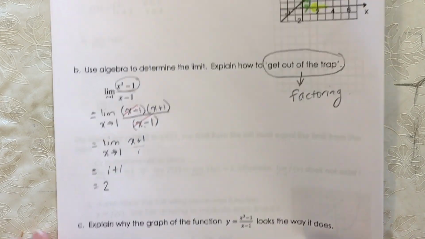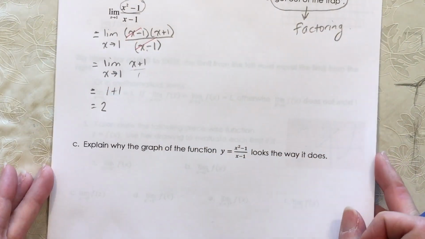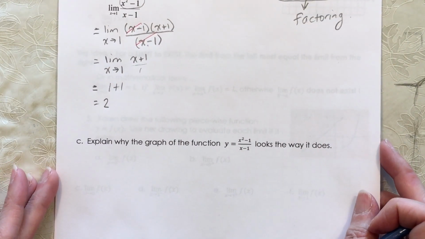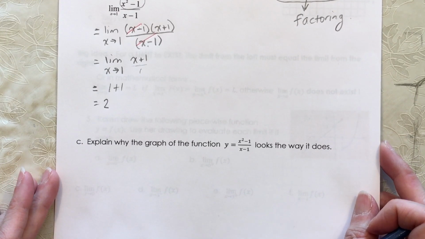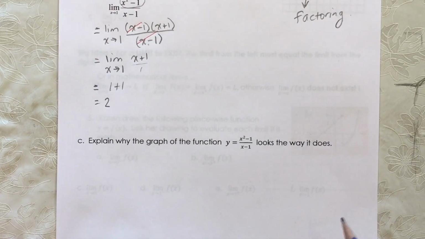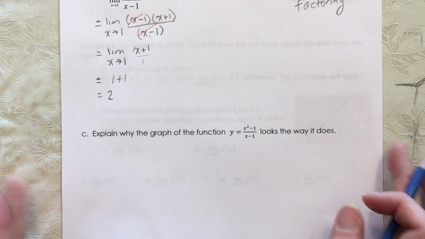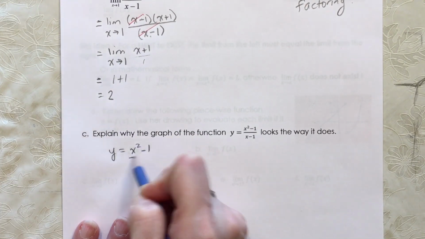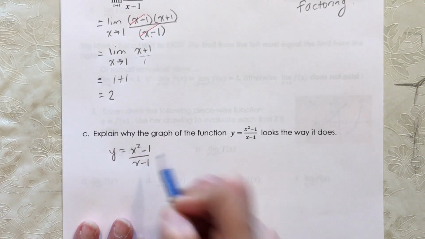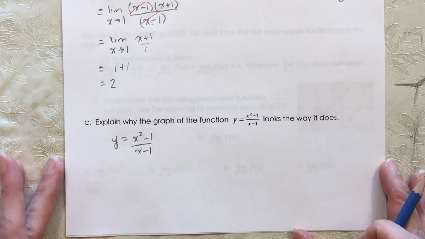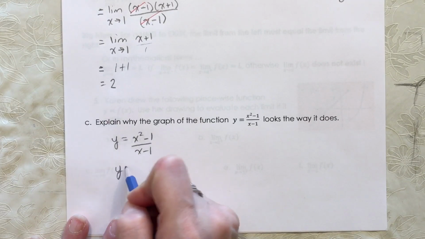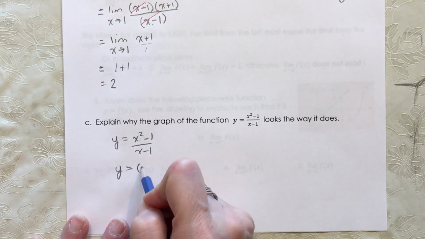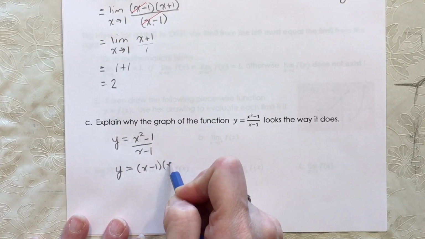And then in C, this is kind of going back to grade 11 a bit, explain why the graph of the function y equals x squared minus 1 over x minus 1 looks the way it does, like a line with a hole in it. So if you go back to grade 11 functions, we wanted to simplify this rational function to make it easier to graph. We would first factor anything that was possible to factor.